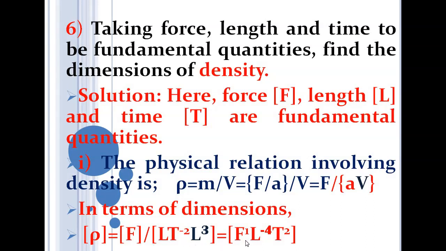Just simplify it, we will get F^1 L^-4 T^2. So this is the dimensional formula for the density.